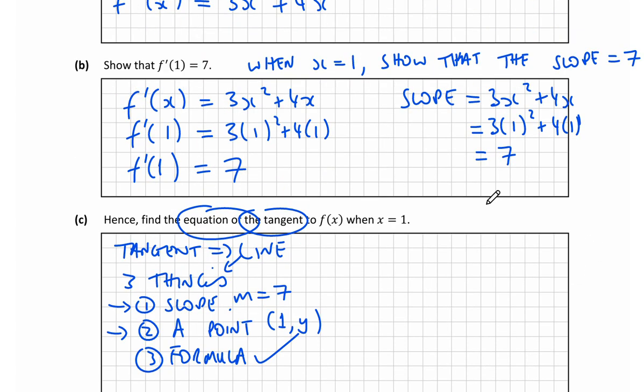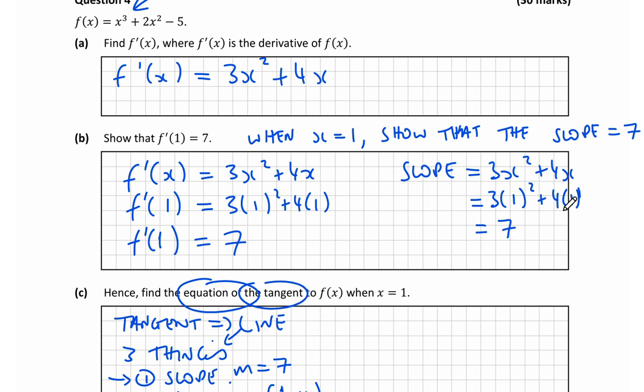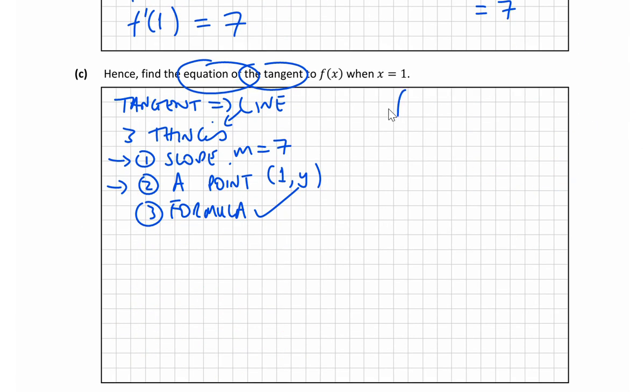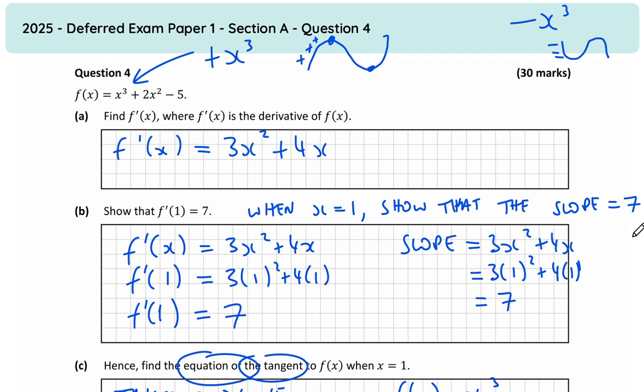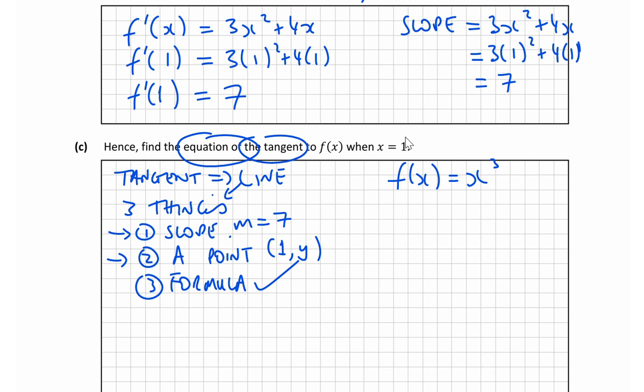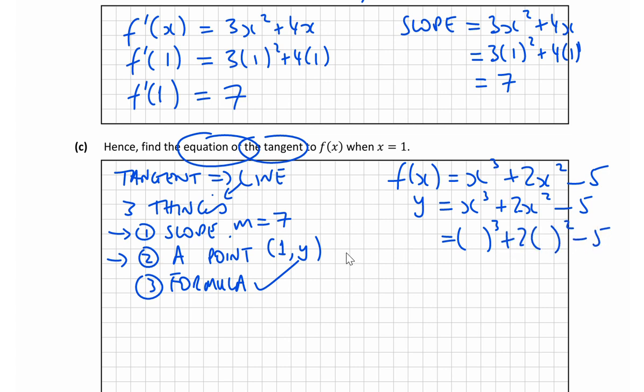Your original graph was f of x equal to x cubed plus 2x squared minus 5. And I'm going to sub it in. That's just code for y. We know when x is equal to 1, the slope is 7, but we don't know the value of y.